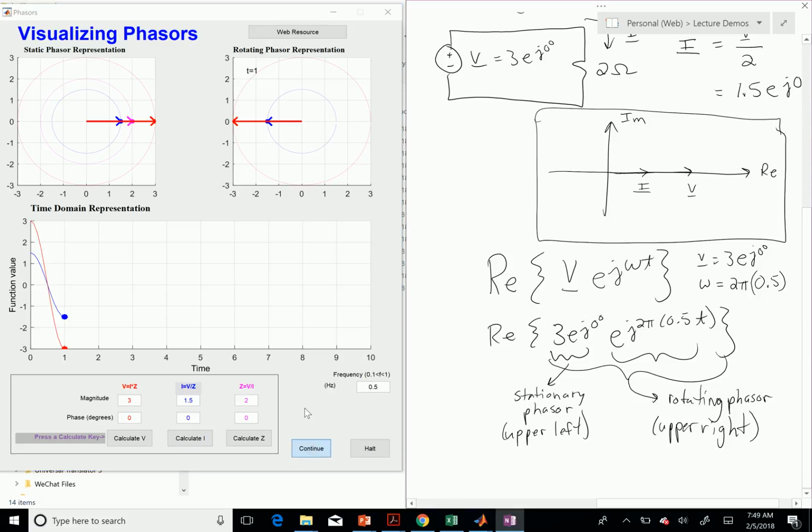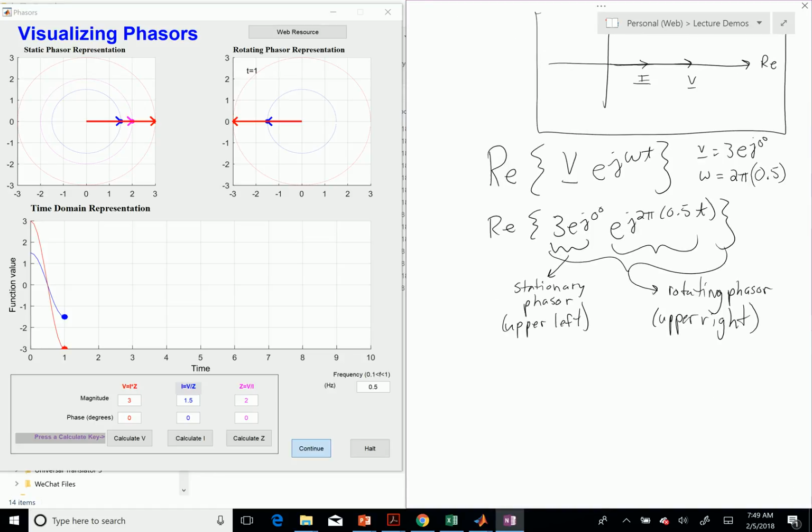Okay? Now at t equal to 1, in the upper right, what I have is my rotating phasor up in the upper right. So that is v e to the j omega t. And specifically in this particular case, it's 3 e to the j 0 degrees times e to the j 2 pi 0.5 t.